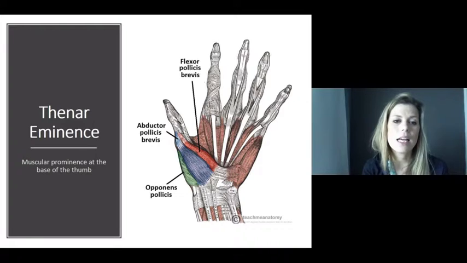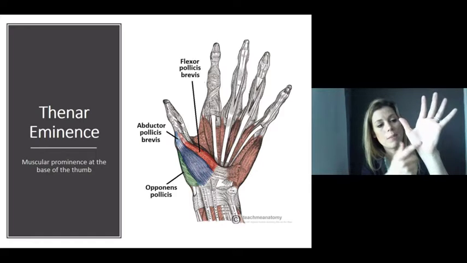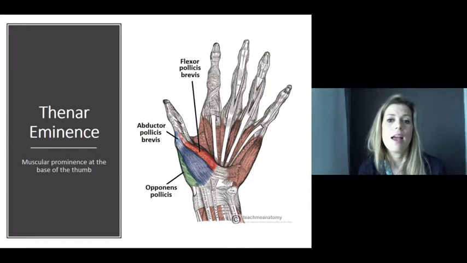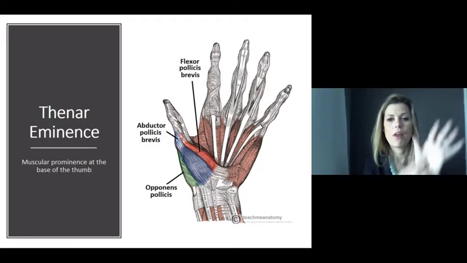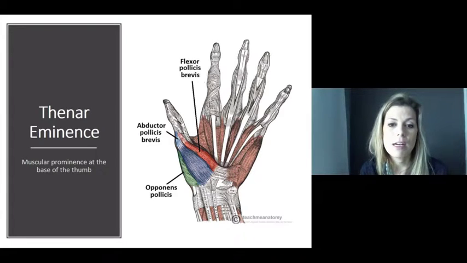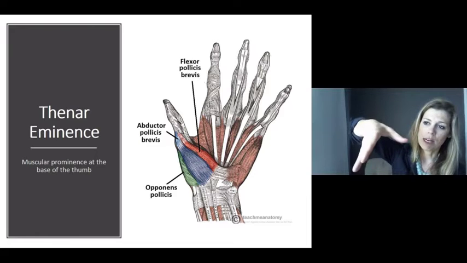If we zoom in and look at the thenar eminence, these are muscles over on the thumb side of the hand, and we can view the flexor pollicis brevis. That is going to be responsible for flexing at that MCP joint of the thumb. We can see the abductor pollicis brevis. That is going to be responsible for palmar abduction.